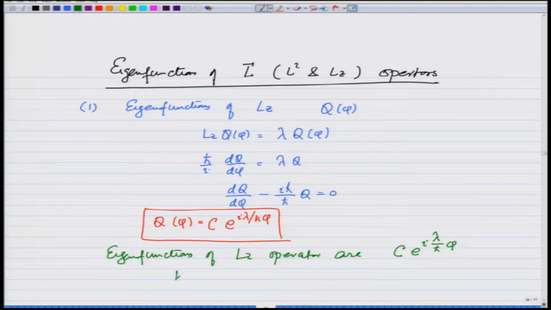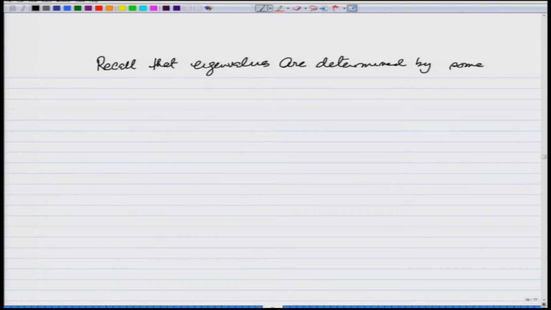What about lambda? Recall that eigenvalues are determined by some boundary condition.